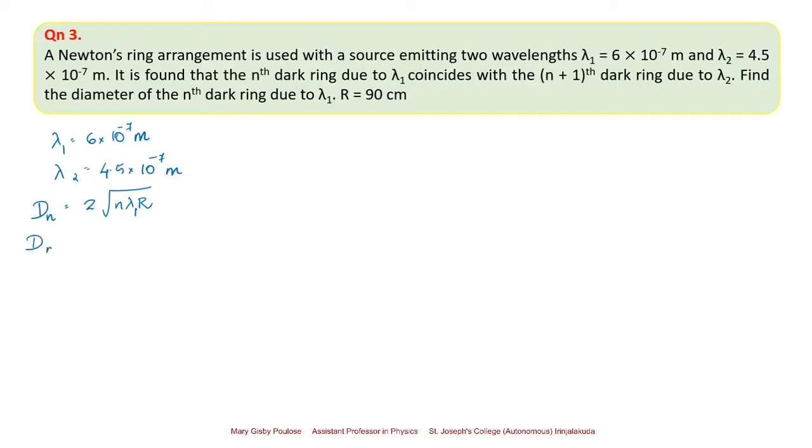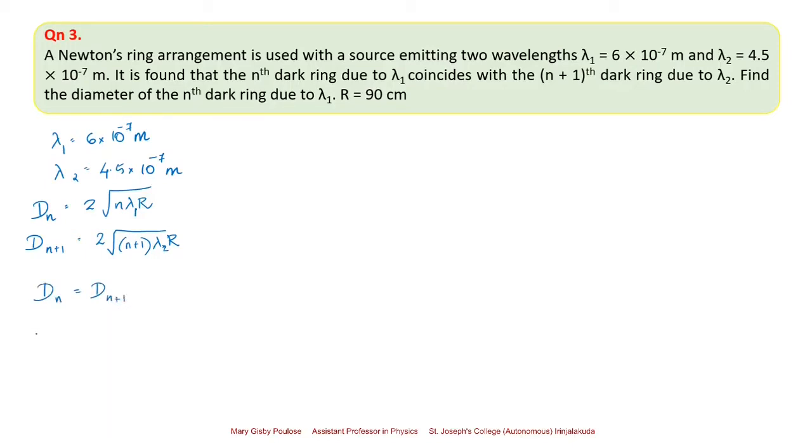And the diameter of the n plus 1th ring is due to lambda 2. So we have twice root of n plus 1 into lambda 2 r. Here we see that dn is coinciding with dn plus 1.